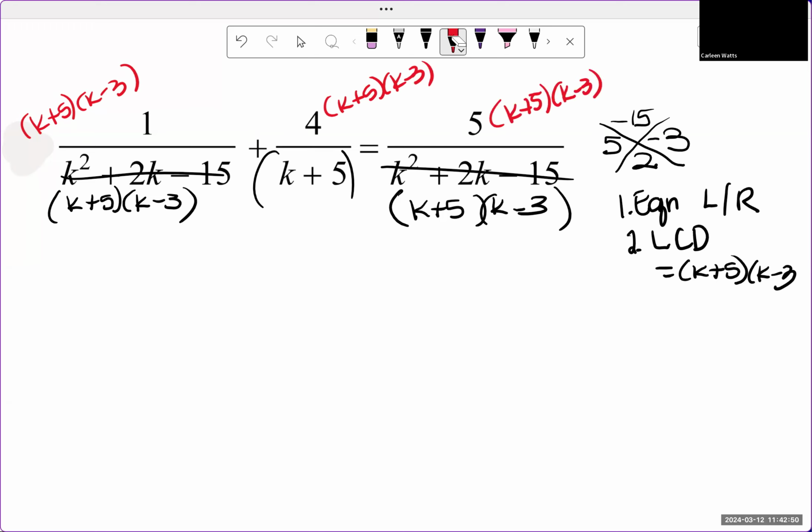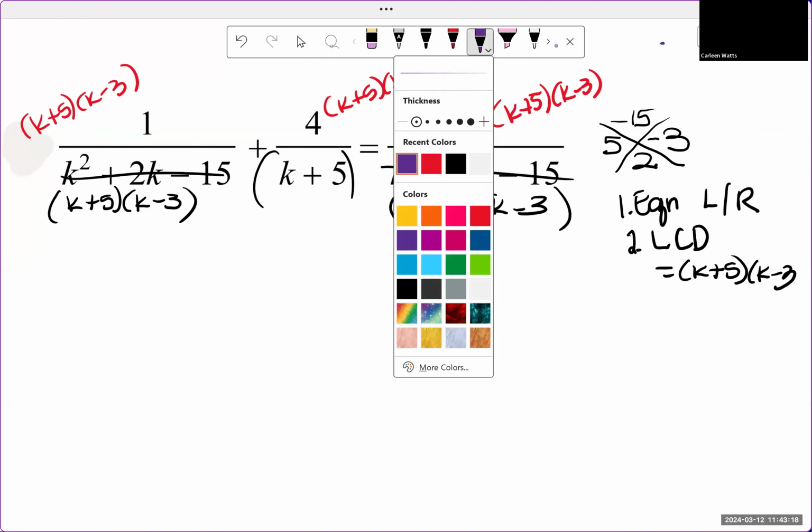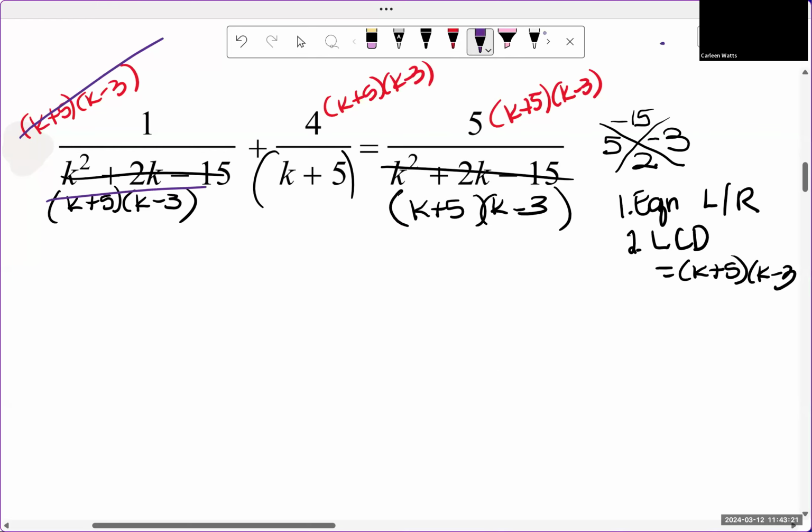Okay, do the next step. Cancel. k plus 5, k minus 3, gone. k plus 5, gone. And gone.